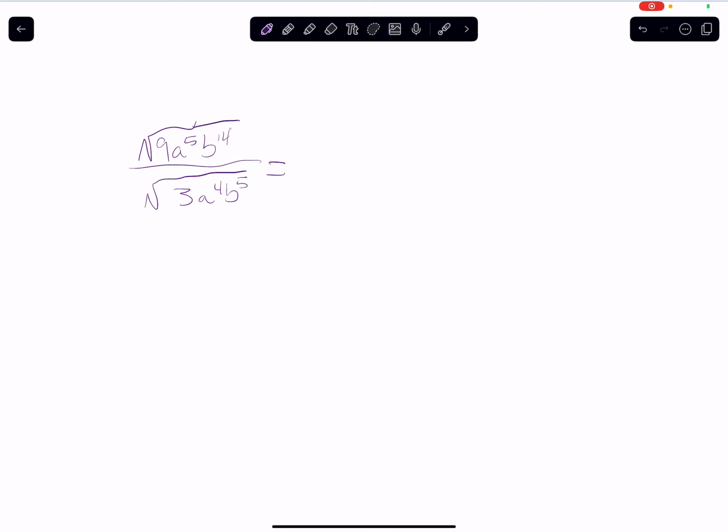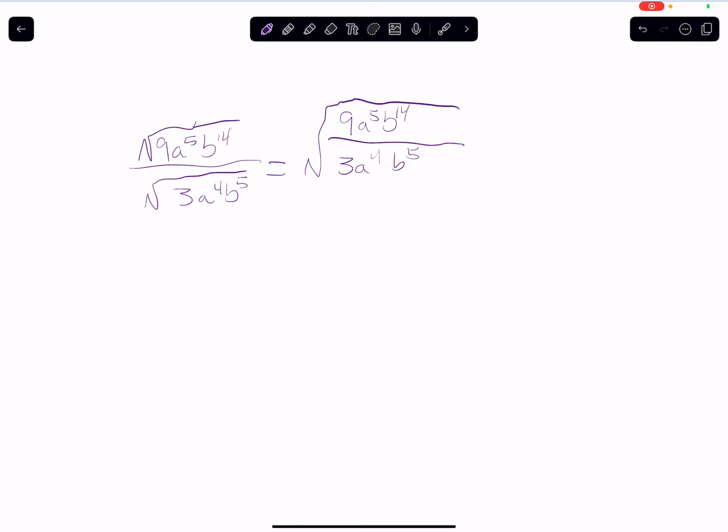So instead of rewriting a single quotient as the quotient of two radicals, we want to rewrite two radicals in a rational expression as a single radical. So we can write that as a single radical, and it's 9a to the 5th b to the 14th over 3a to the 4th b to the 5th.